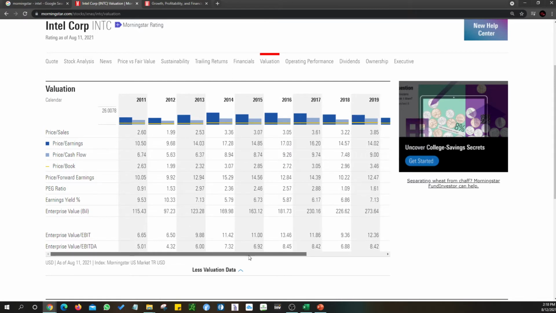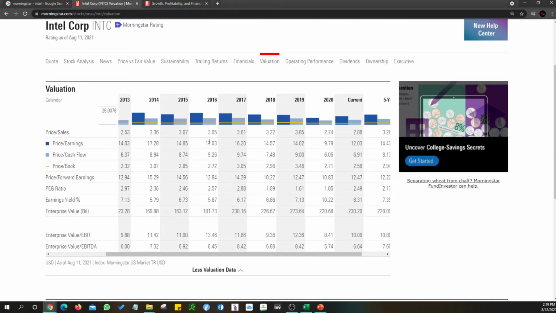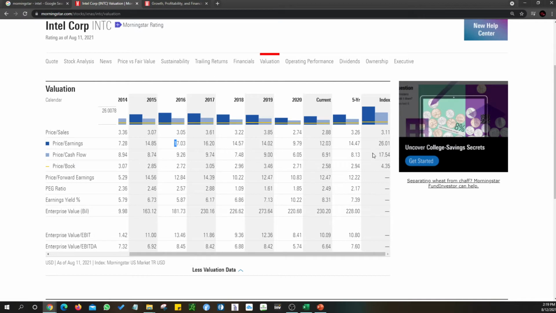So it's around 9, 10, the lowest. Highest we can say around 17, although 26 is an index.